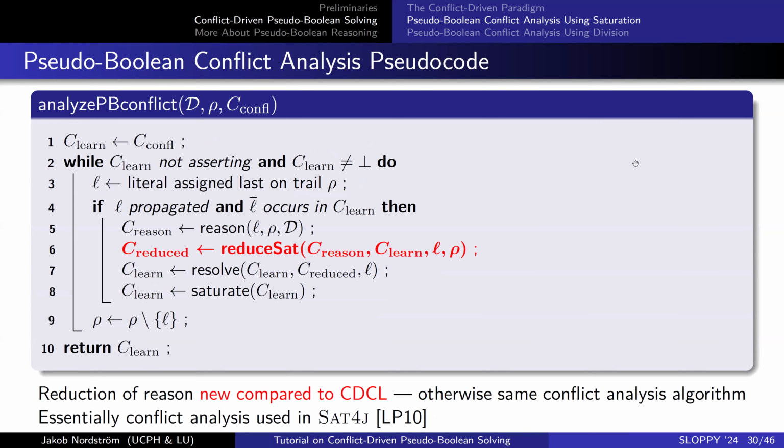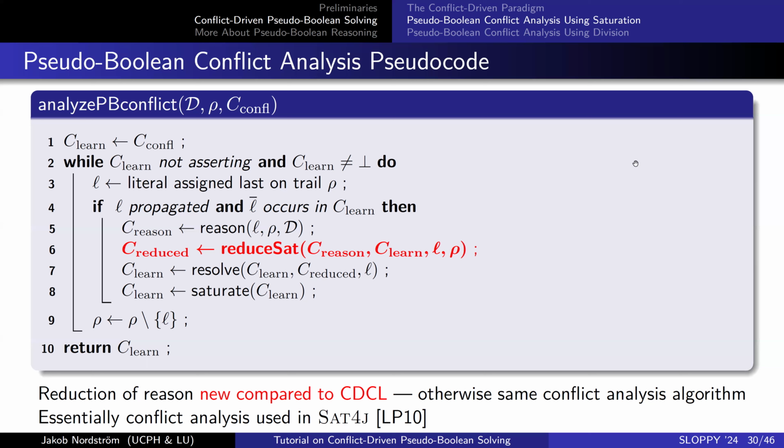Remember, I told you about CDCL conflict analysis. We have exactly the same algorithm. The only thing we changed is that we're not resolving the conflict side learned constraint with the reason directly. We first massage the reason with the so-called reduction algorithm, and then resolve the conflict side constraint with the reduced reason.